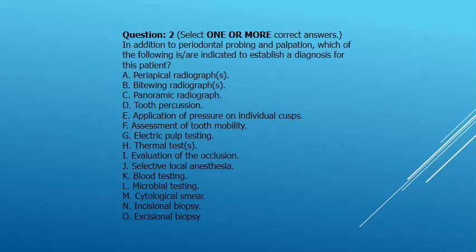If you look at all these options, you can see that some are not generally done for a tooth. Periapical radiographs, bitewing, panoramic, yes, you will do for a tooth, but incisional biopsy, excisional biopsy, blood testing, no. We will discuss these things in detail as we move on. So let us continue.